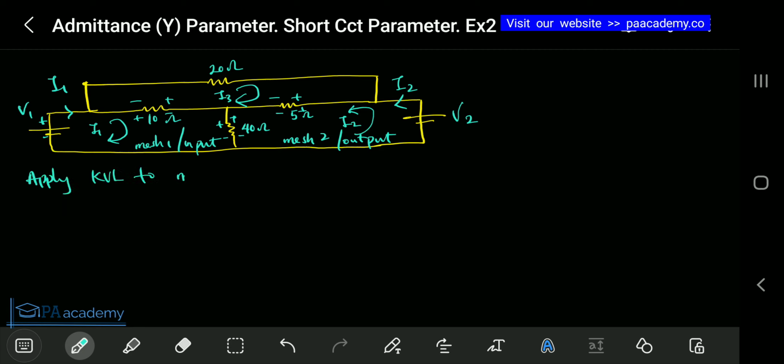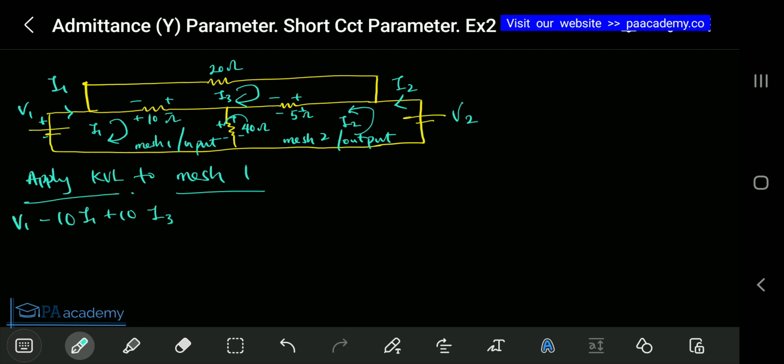So if I apply KVL to mesh 1, starting from the V1, I'm going to be having V1, and then when I come over to this 10 ohm resistor, due to current I1, it's from positive to negative, so that will give me minus 10 I1. Also from negative to positive due to current I3, so that will be plus 10 I3.